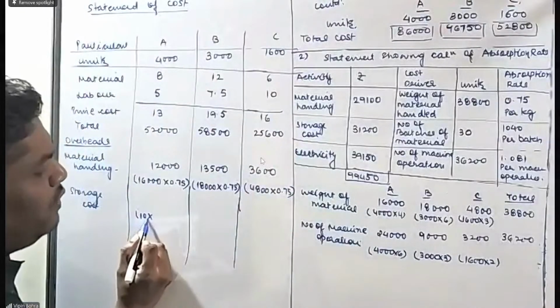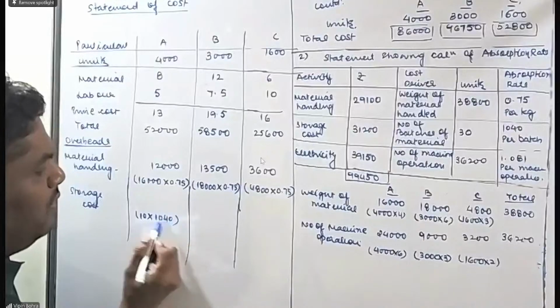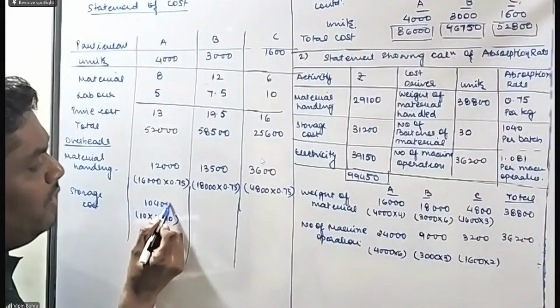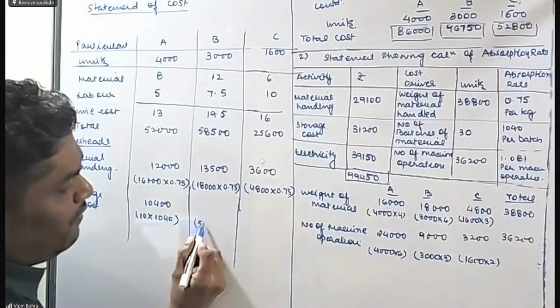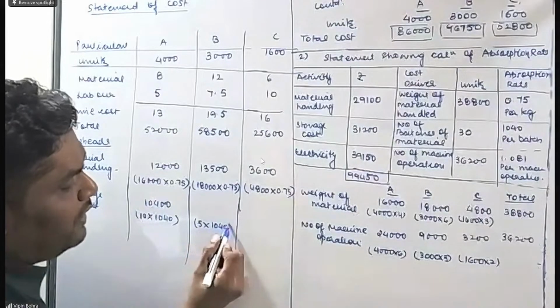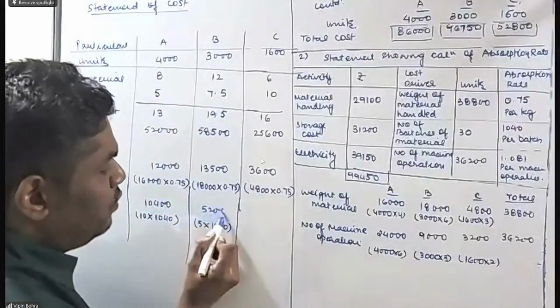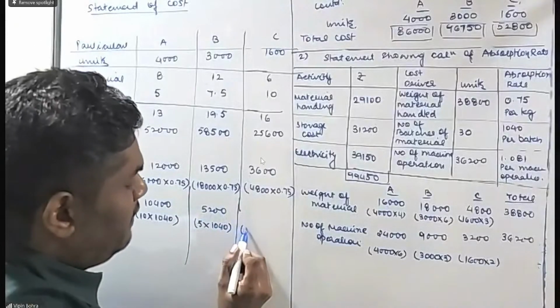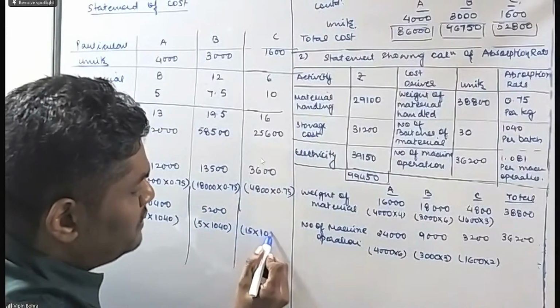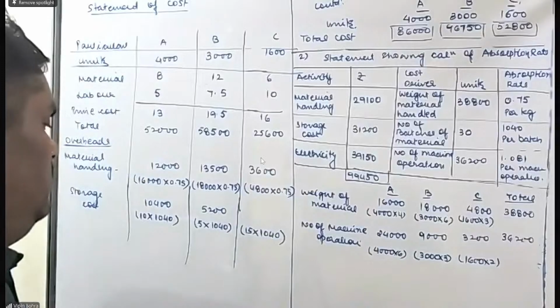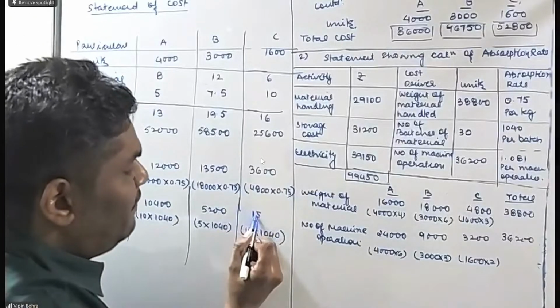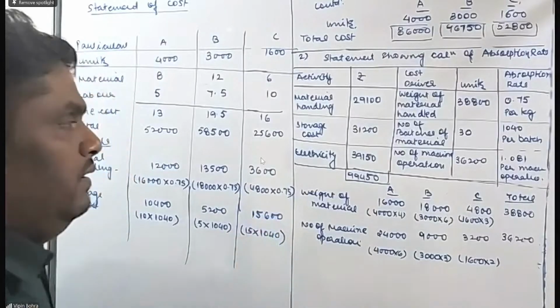So 10 into 1,040, that is 10,400. 5 into 1,040, that is 5,200, and 15 into 1,040, it will be 15,600.